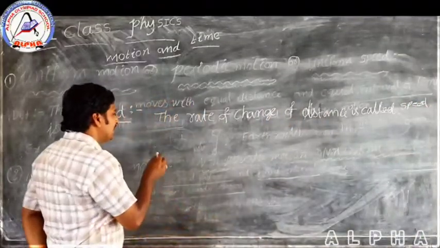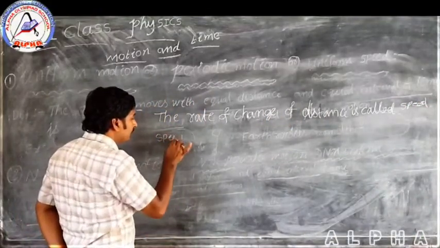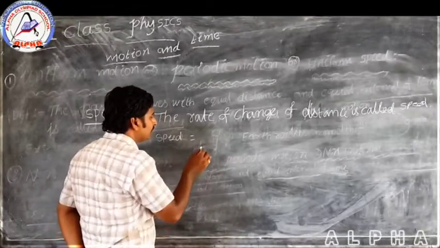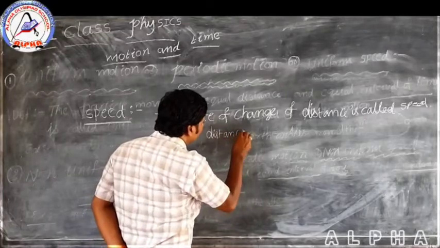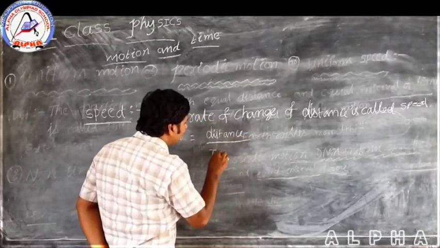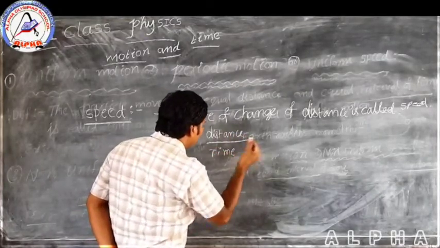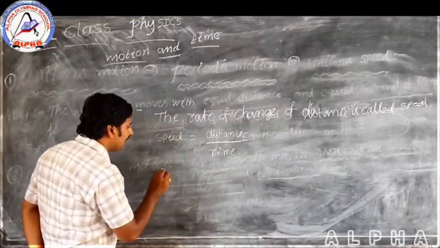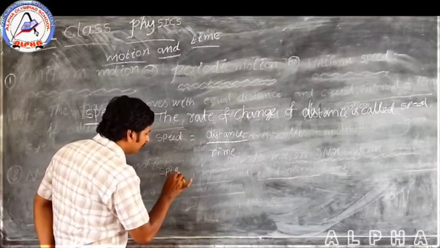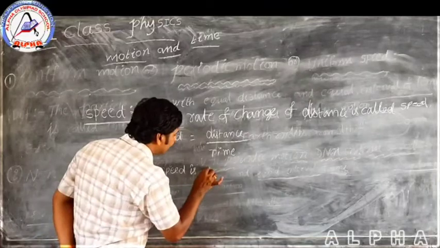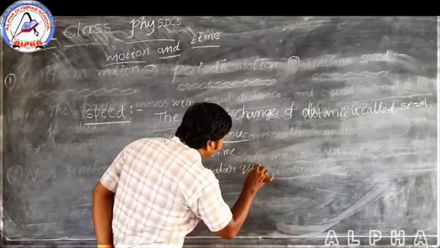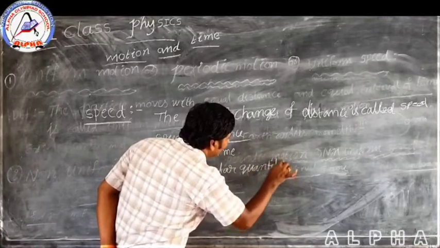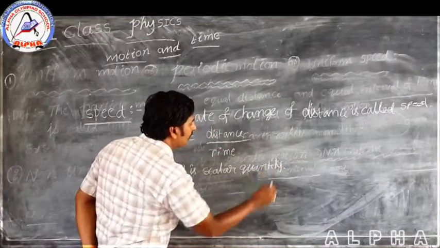Speed is equal to distance by time. Speed is a scalar quantity.